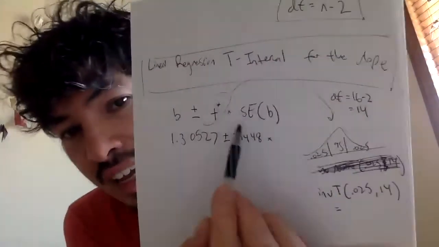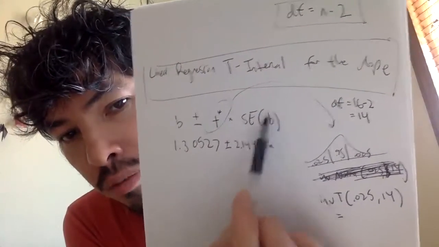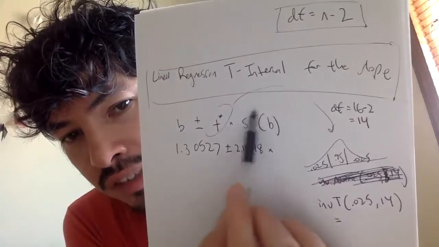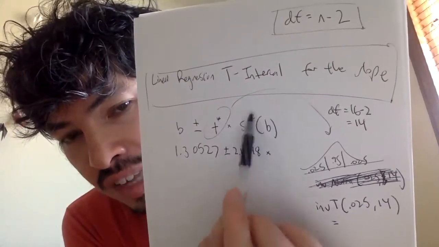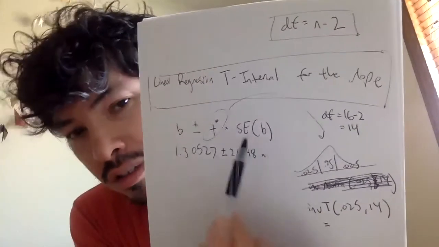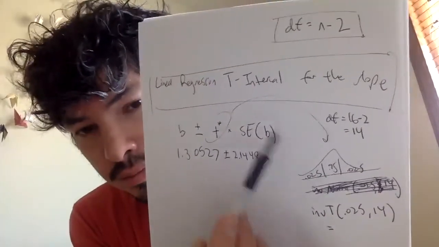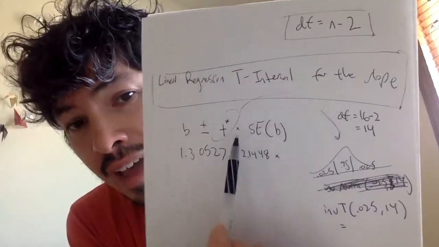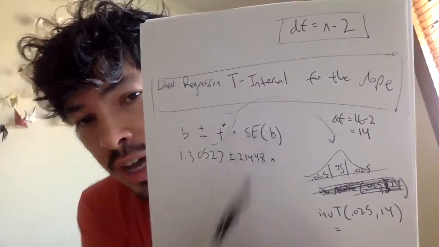2.1448 times the standard error of the slope, the standard deviation, basically. What's the standard deviation? We call it the standard error of all the slopes, or of the sample. That is given to us in our printout, the standard error of the slope. It's 0.1993, and you guys will have to grab that in your homework.